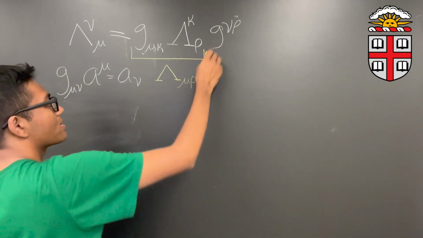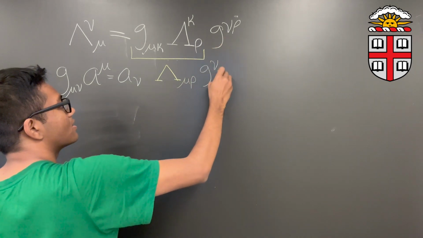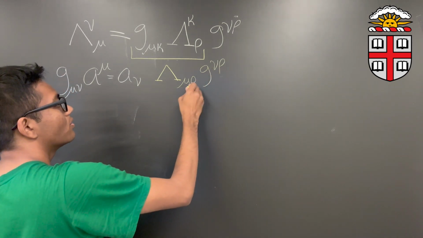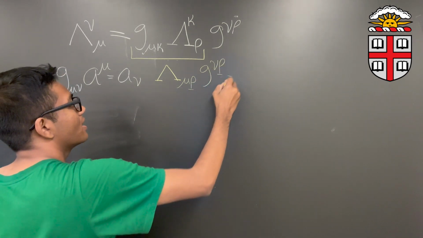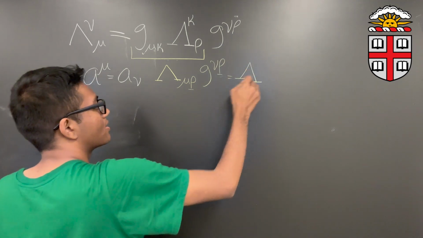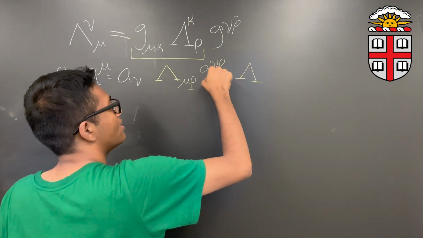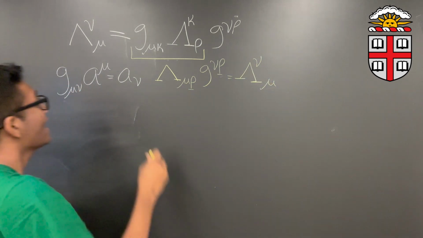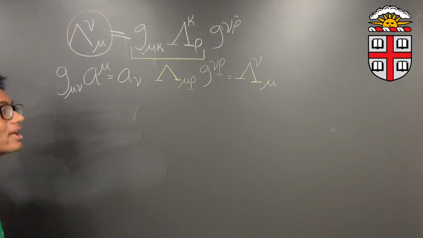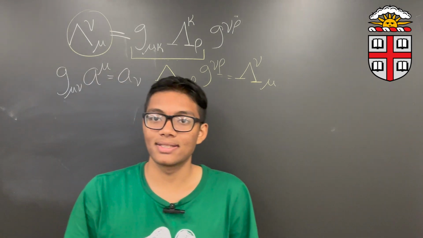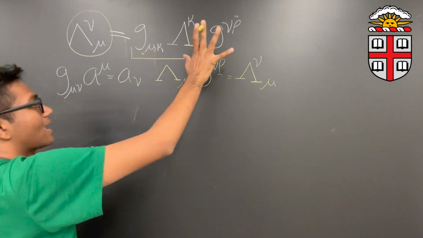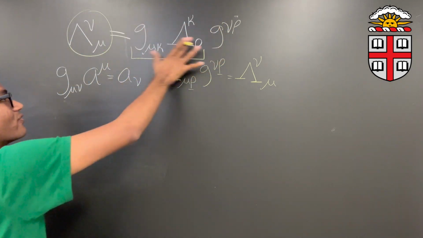Then multiply that by g nu rho. Now we're contracting rho, so rho gets summed over, and you're simply left with lambda. Nu is now contravariant, and mu, as always, was covariant. And indeed, that's what we have on the left-hand side. So that is a simple proof of why lambda mu nu can be diagonalized in this format.